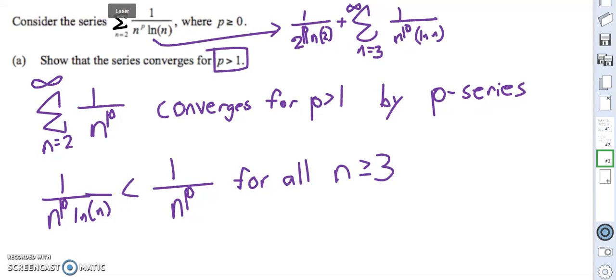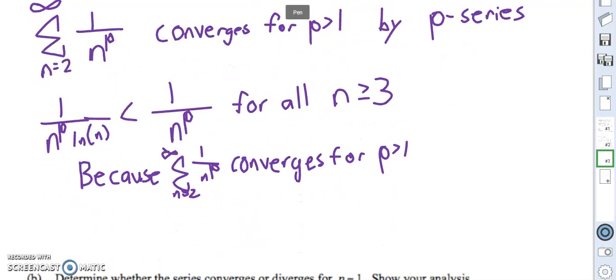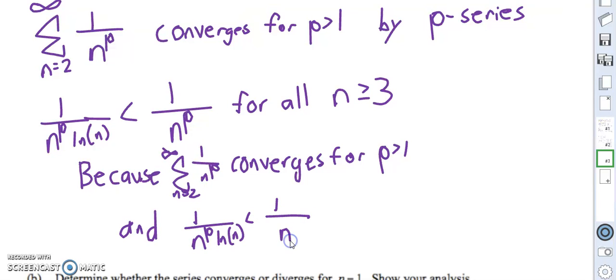So my line I'll probably write is that because the sum from n equals 2 to infinity of 1 over n to the p converges for p greater than 1, because this one I know about converges, and the given one is less than 1 over n to the p for all n greater than or equal to 3.